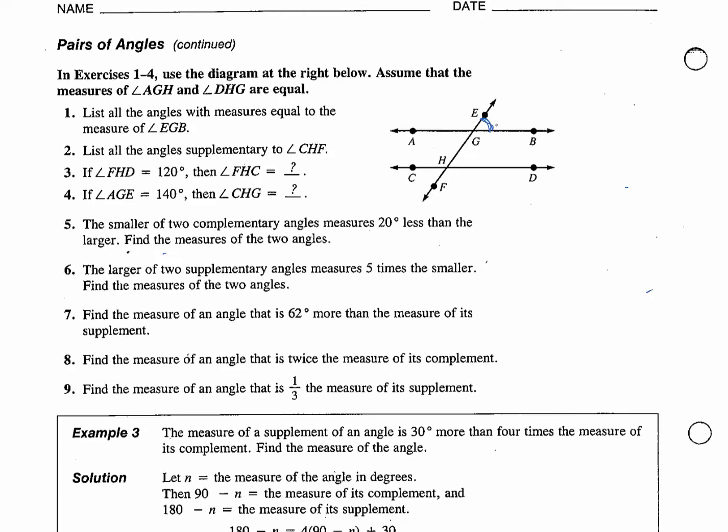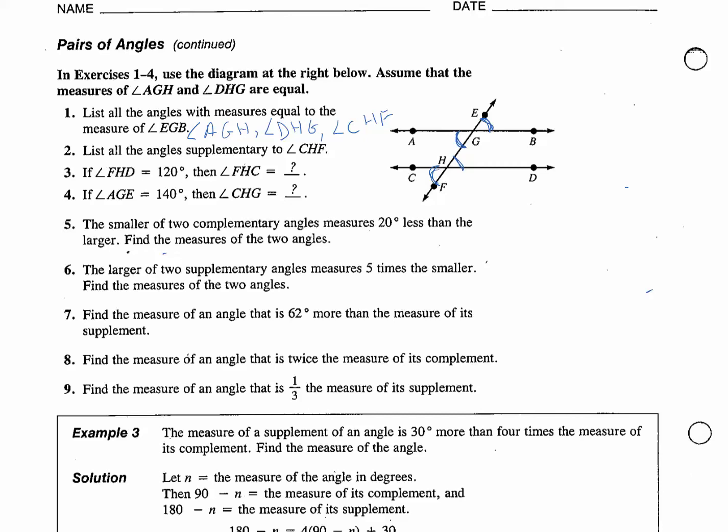Well, we can find its vertical angle, which would be AGH. But if we look at the directions up here, AGH and DHG are equal, which means DHG is this angle right here, so that's also equal to it. And angle DHG also has a vertical angle, which is right here, angle CHF. So those are all the angles that would be equal to one another.